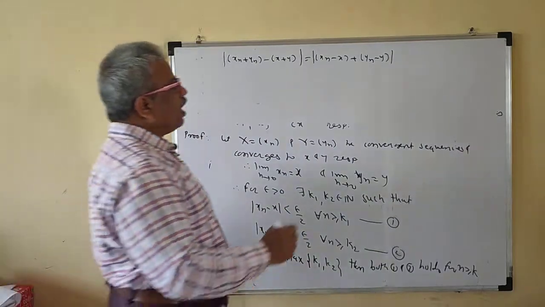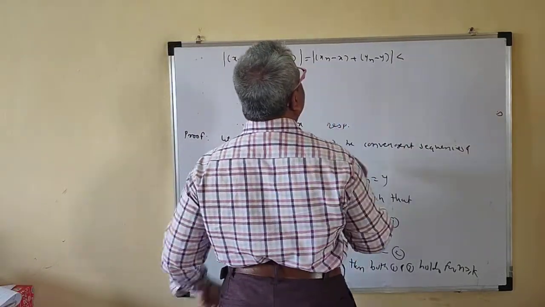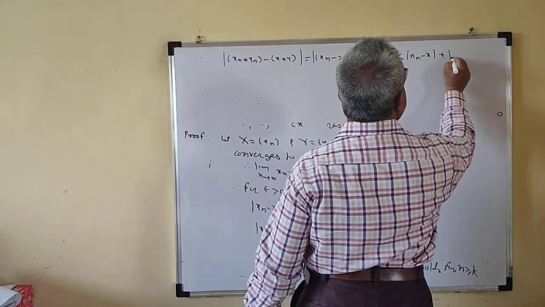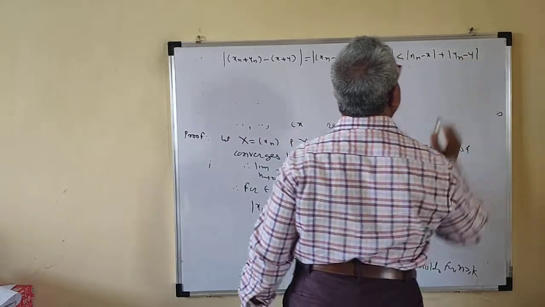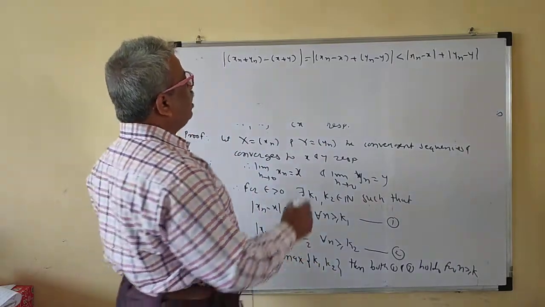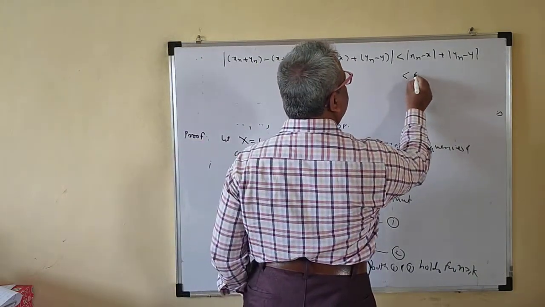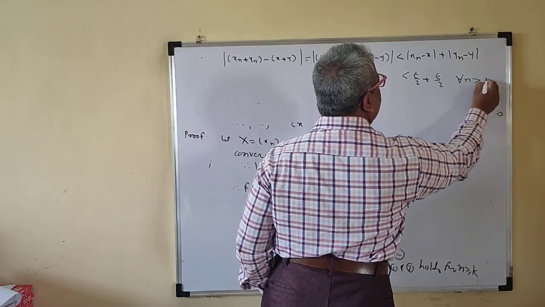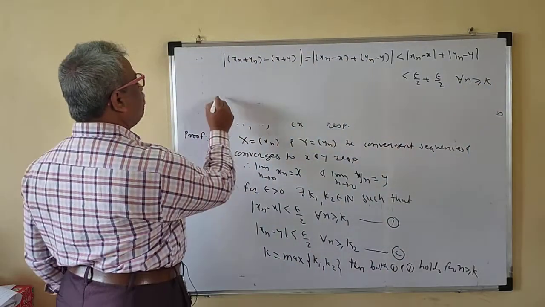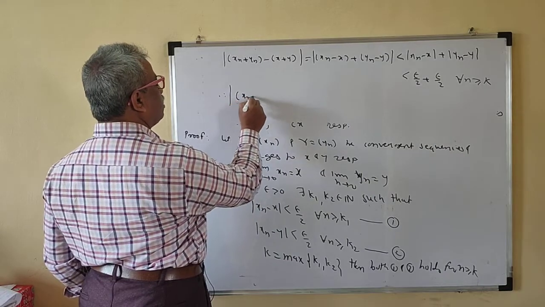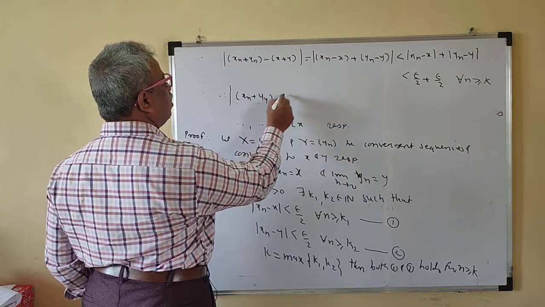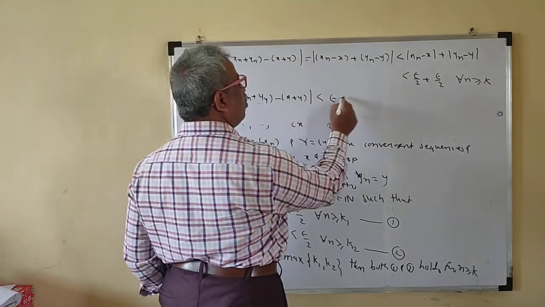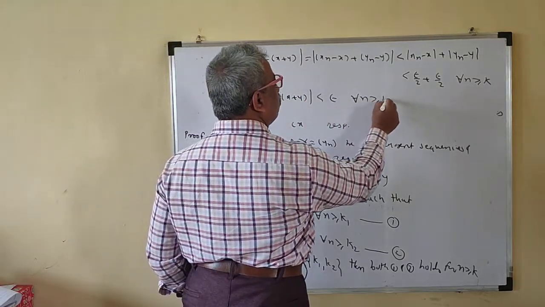So by the triangle inequality, this is less than or equal to mod of xn minus x plus mod of yn minus y, right? And this is less than epsilon by 2 plus epsilon by 2 for all n greater than or equal to k, right? So therefore mod of xn plus yn minus (x plus y) is less than epsilon for all n greater than or equal to k.